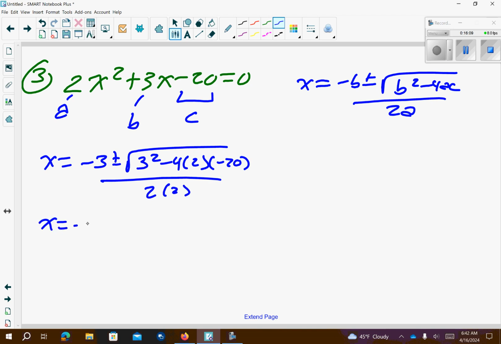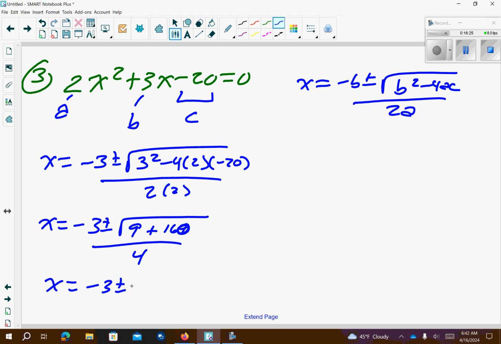So x equals negative 3 plus or minus 3 squared is 9. Negative 4 times 2 is negative 8. Negative 8 times negative 20 is positive 160, over 4. So x equals negative 3 plus or minus square root 169 over 4.